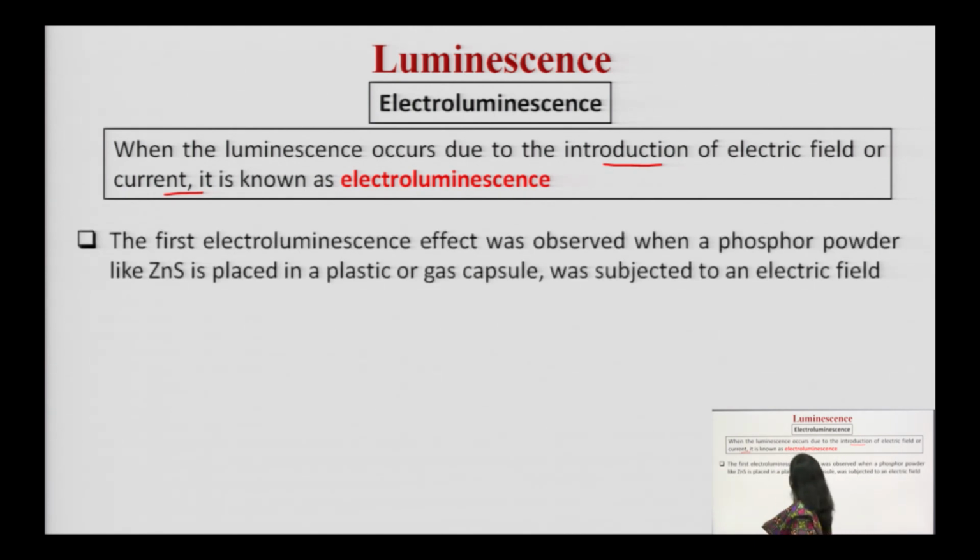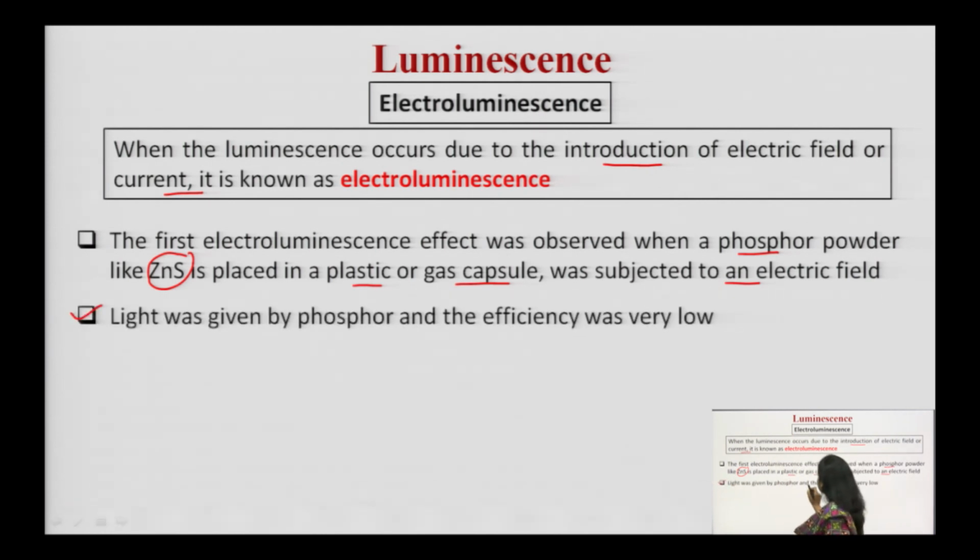The first electroluminescence effect was observed when a phosphor powder like zinc sulphide was placed in a plastic or gas capsule and subjected to an electric field, because here the behavior under electric field and current is going to be observed in the case of electroluminescence.